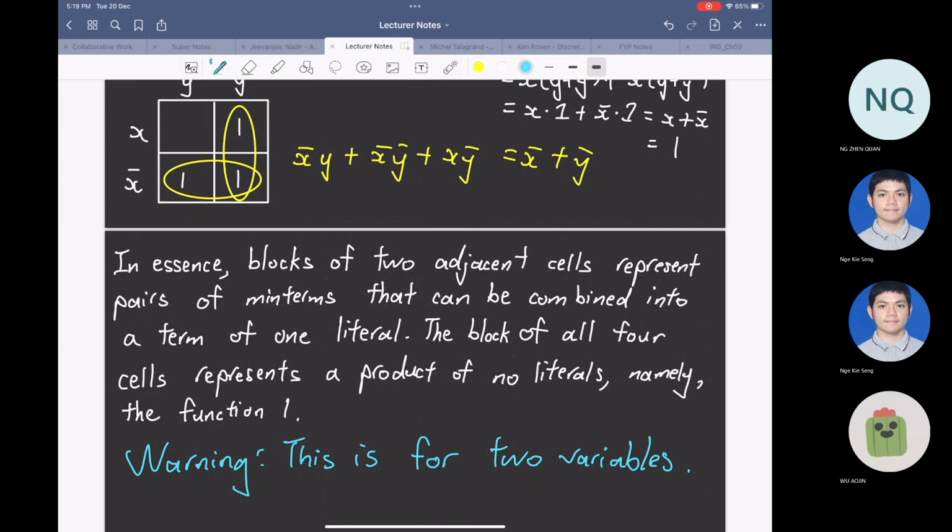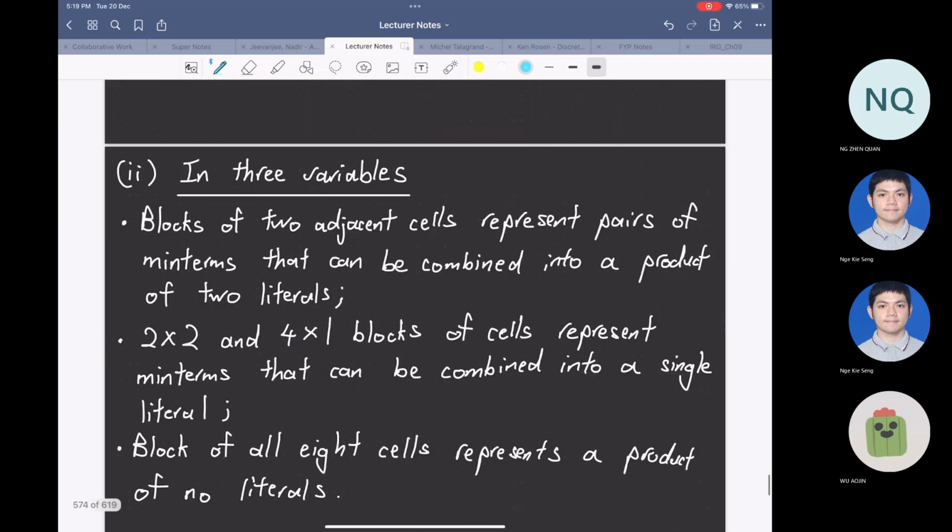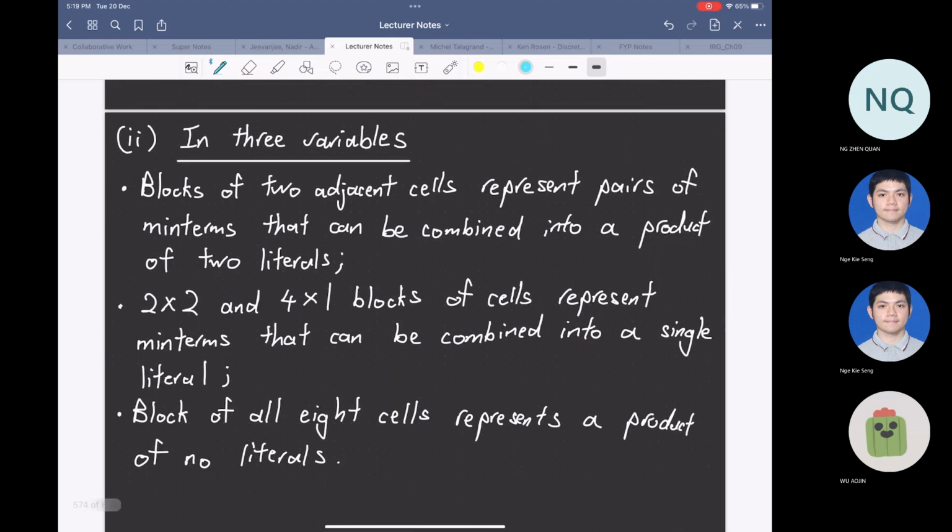So let's look at 3 variables. In 3 variables, there are more combinations we can do, right? We can have a block of 2 and a block of 4. Again, there are 2 ways to do a block of 4. So in 3 variables, how many cells do you have? What do you reckon? 2 to the power 3 is 8.